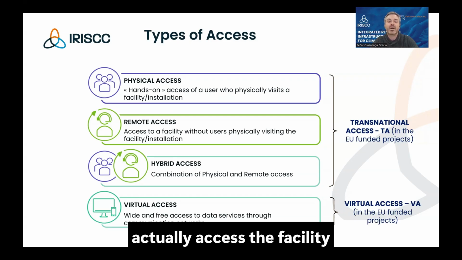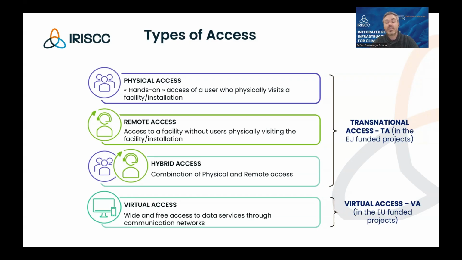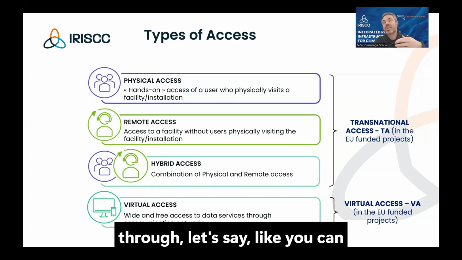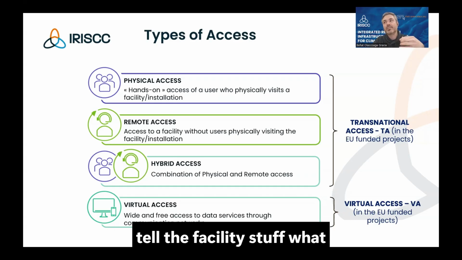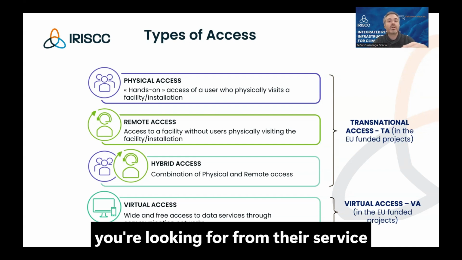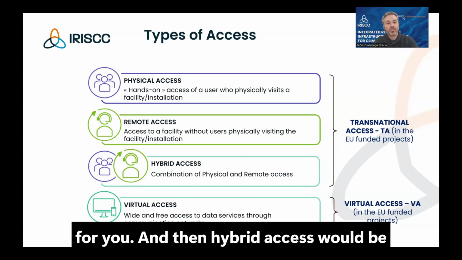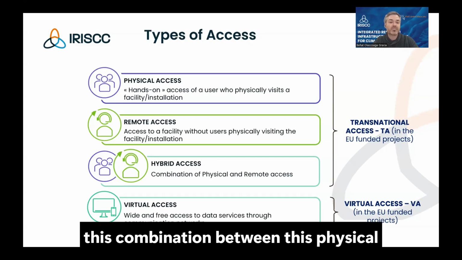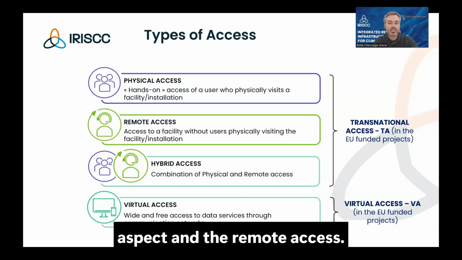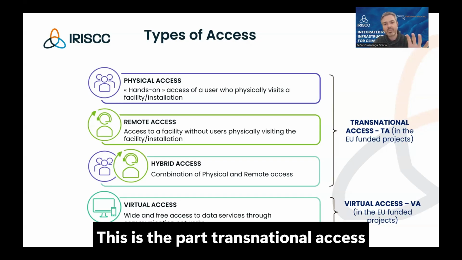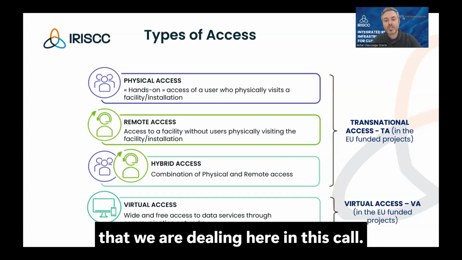You can tell the facility staff what you're looking for from their service or from their station, and they can do it for you. And then hybrid access would be a combination of the physical aspect and the remote access. This is the transnational access that we are dealing with here in this third call.